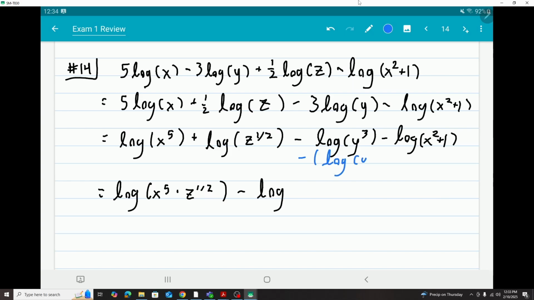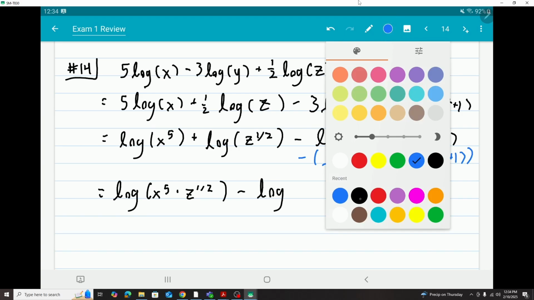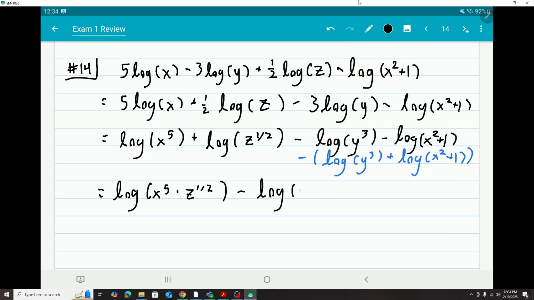The reason why is because if I factor a negative out, this turns into another plus situation. So I factor out that minus. Now they have the same sign. They're looking at each other. They're happy. And I get log of y cubed times x squared plus 1.